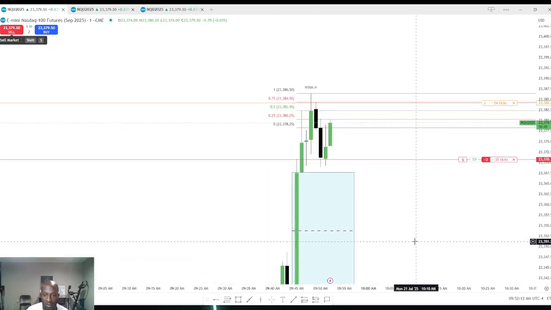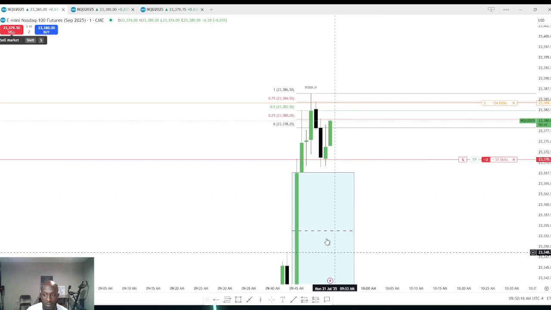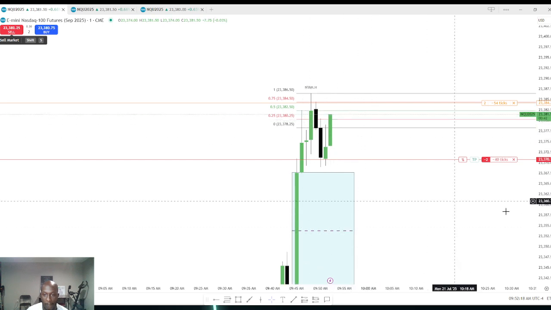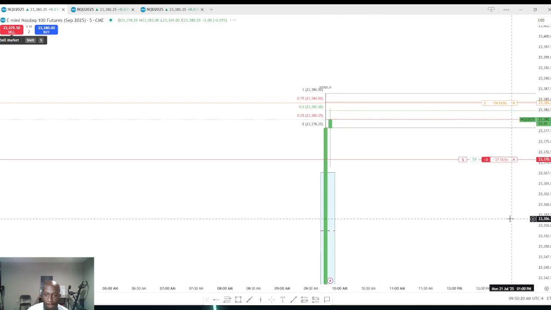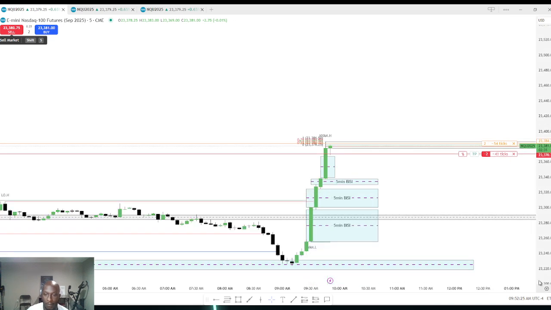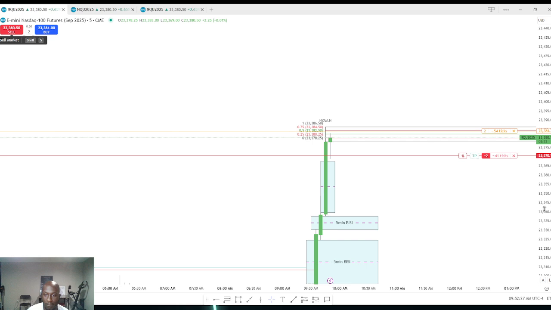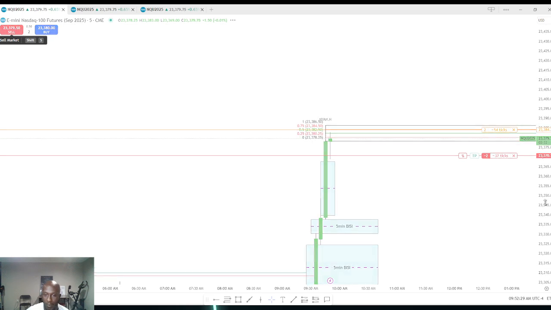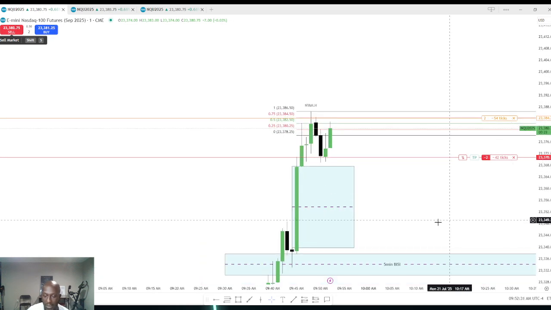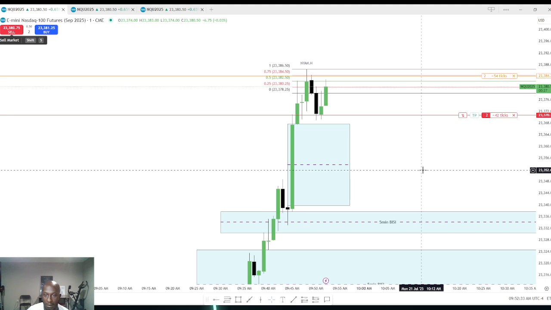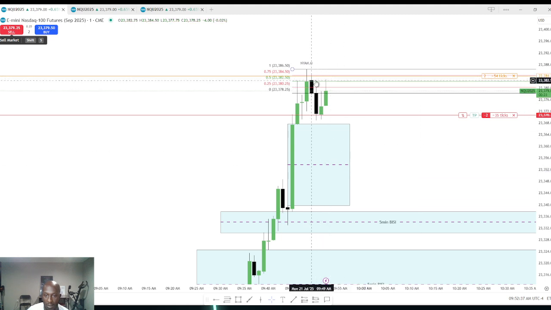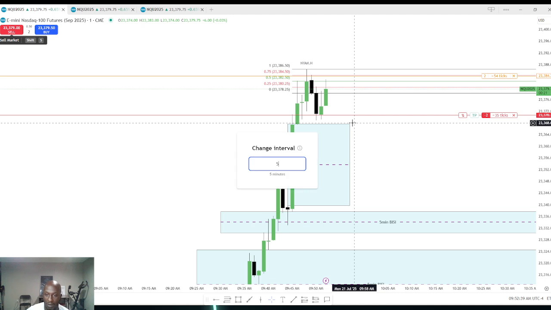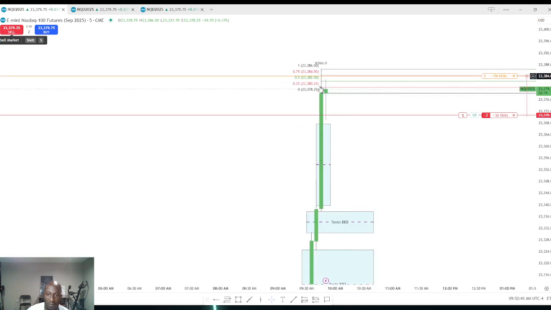That lets me know that we are not interested in closing these right now. Let's check it out on the 1 minute. And again, I would like to see it stay below consequent encroachment of this 5 minute wick.